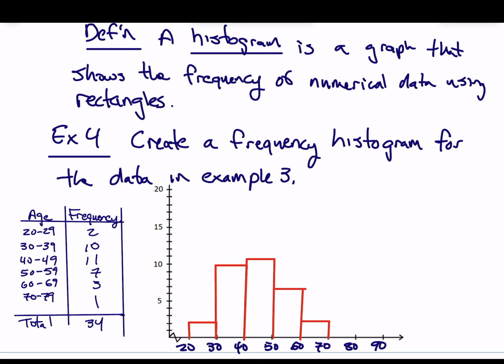And from 70 to 79, we are at 1. Oops. One more time. Okay, so if you follow the rough path of this histogram, you can sort of see the way it would be shaped. And that's how we do a frequency histogram for the data in example 3.